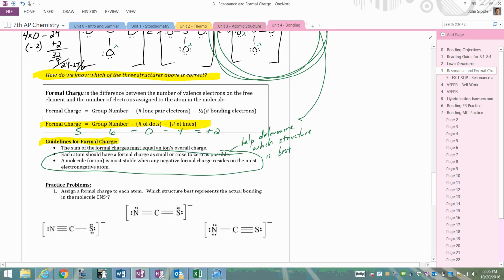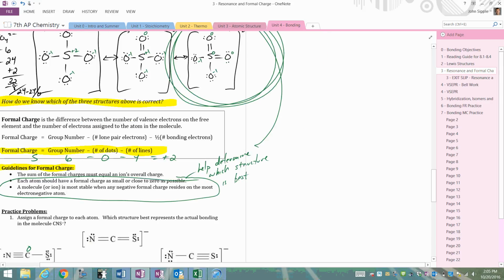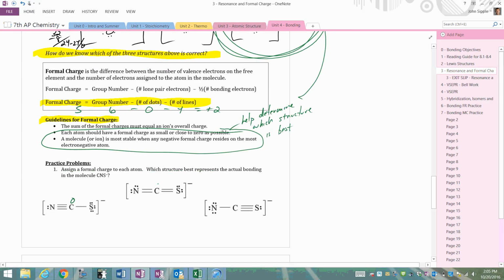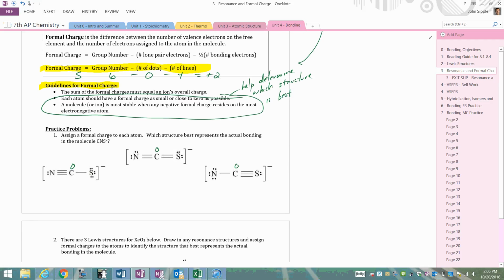So, for example, if we go down here, we'll do a couple of quick formal charges. Carbon is in group 4, minus the lines, it's 0. So carbon is 0 in each one, because there are 4 lines connected to each carbon. Nitrogen is 5, so 5 minus 2 minus 3, 0.